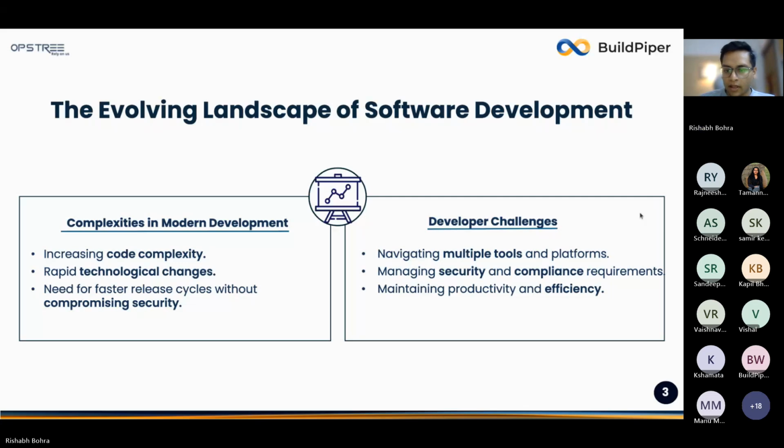And then the next point is about managing security and compliance requirements, which is a must and which we already have discussed. They should also maintain productivity and efficiency, because in this agile landscape, where all the companies are driving on top of the agile model, they have sprints and work on sprints, and they need to ensure that they are productive and efficient enough to cater to the requirement of faster release cycles.